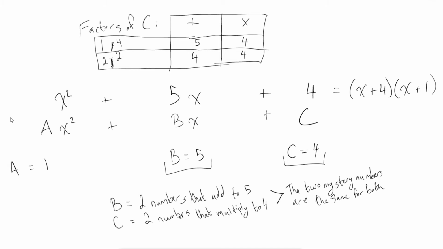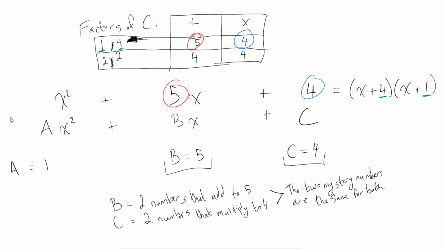Looking here, 5 matches 5. Great. So my 2 mystery numbers are the 2 factors of c that add up to be my b. The 2 mystery numbers are 1 and 4, and here's my factored thing.